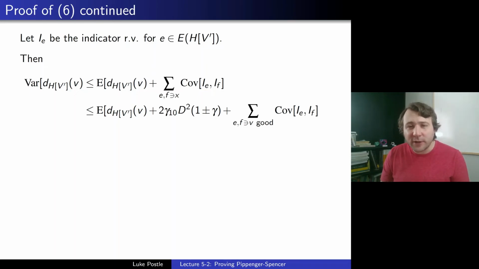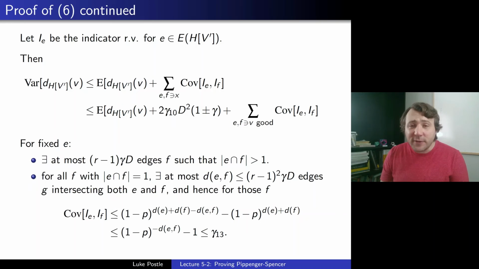So we can somewhat ignore that and focus in on the covariances of good pairs, where both edges are good. And we can do this by looking at this double sum for just one e, so we'll fix e. And we can note that there exist at most r minus 1 gamma d edges f such that e intersect f is greater than 1.